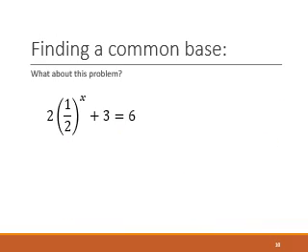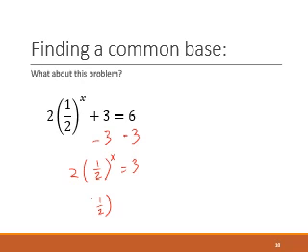So now, what about this problem? This is a problem from earlier in the slideshow. And we had done some initial work, and I'll do it again to remind you. If we move the 3, you get this, and then if we divide by 2, we get this. And now what?